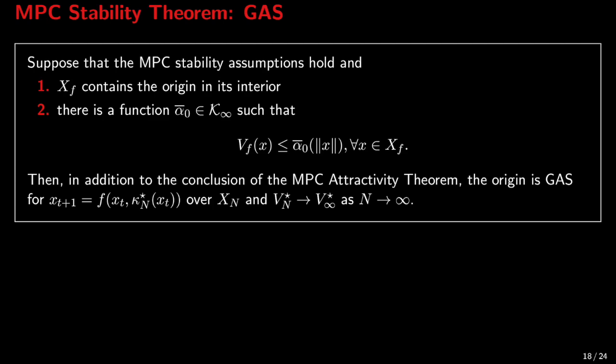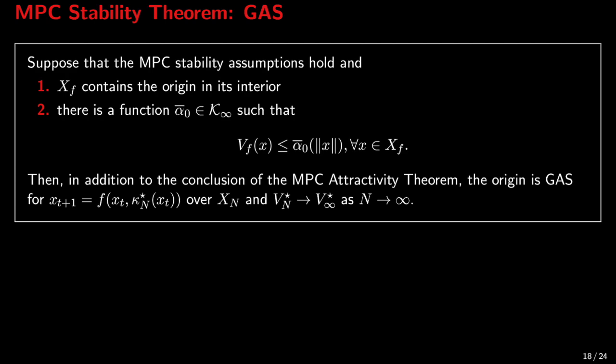that has an interior. And the second requirement is that the function VF that you choose must have its growth controlled from above by a certain class K infinity function of the norm of x. So it shouldn't grow much faster than the norm of x, and this should be true inside the terminal region XF.